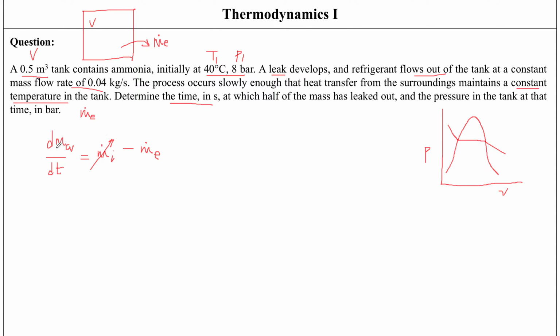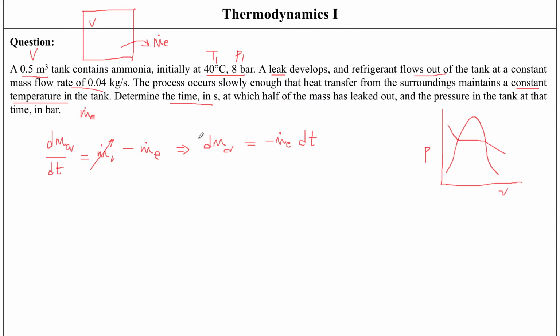But obviously, we've got this happening. Mass is changing within our system with respect to time, so this is going to stay. This is going to stay as well. And if I move dt onto the other side, it's going to be equal to minus m dot E into dt.